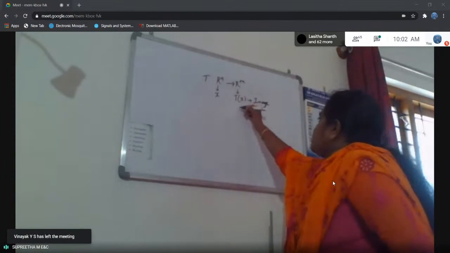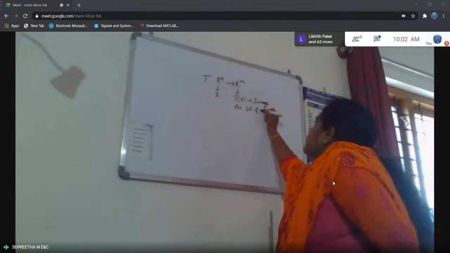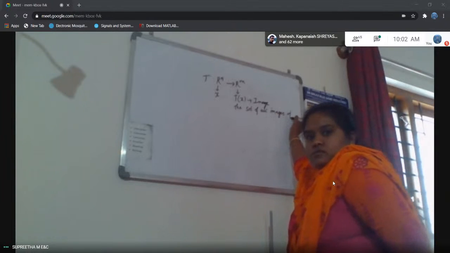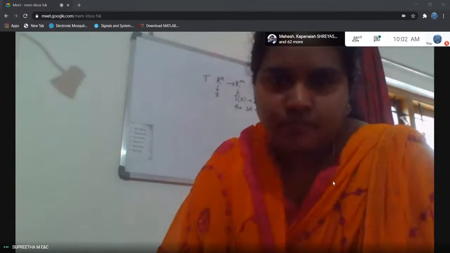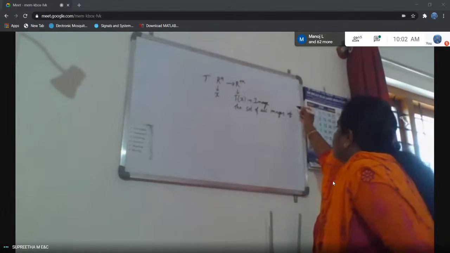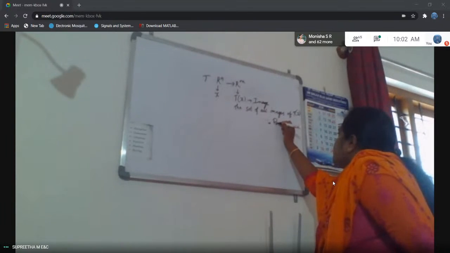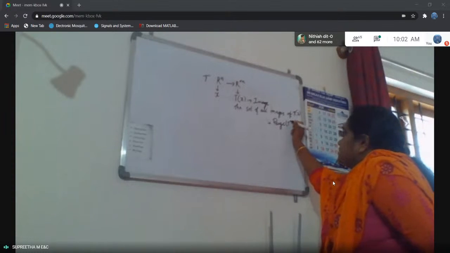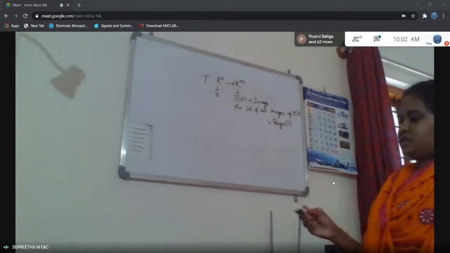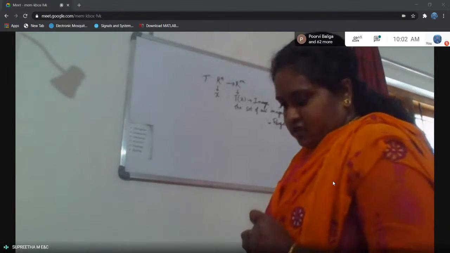So I can say the set of all images T of x is my range of the transformation. We will be seeing what is the range of the transform again. So the set of all vectors T of x is the range of the transform.